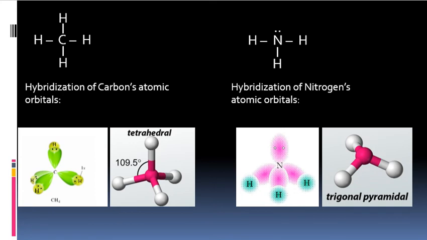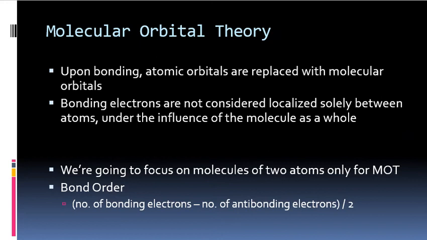Here's what I actually expect you guys to be able to utilize for the upcoming exam, which is molecular orbital theory. Now, valence bond theory basically stated that those atomic orbitals remain when atoms bond to each other. They do not disappear. Molecular orbital theory actually says that atomic orbitals disappear, and instead molecular orbitals are formed.